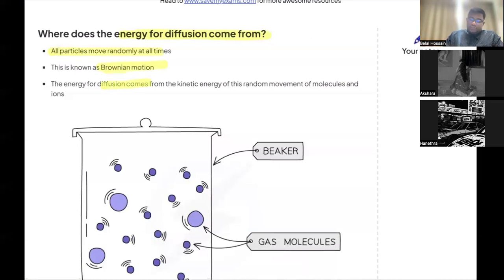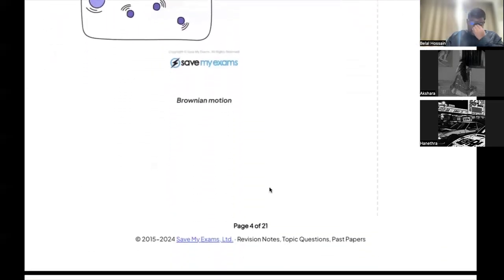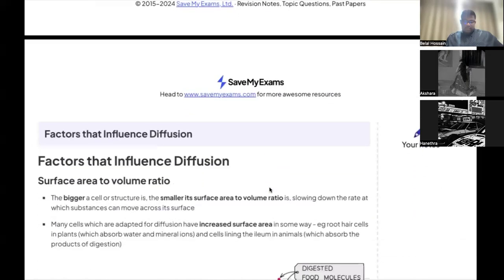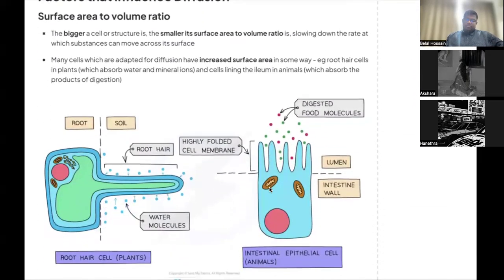The energy for diffusion, yes. Our teacher said, what do you call, topics? She said Brownian motion isn't coming. Our teacher said that Brownian motion isn't coming. Brownian motion is not in the syllabus, yes, it has been removed.